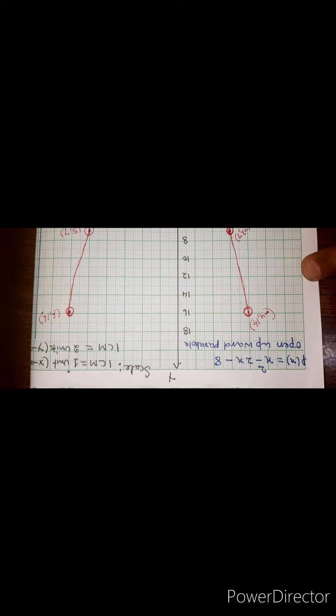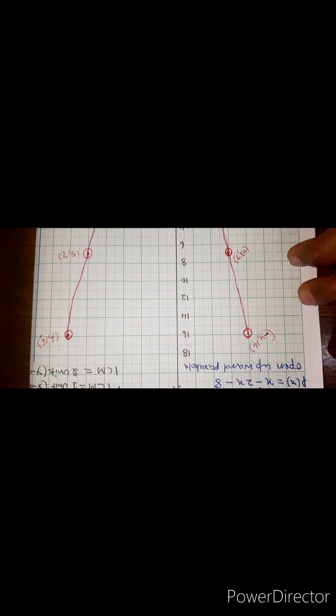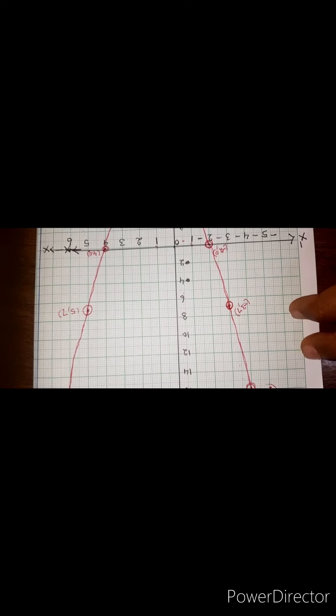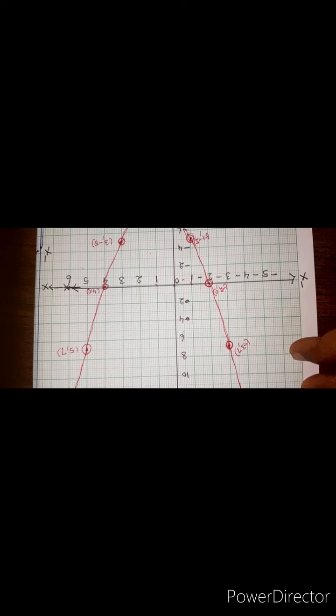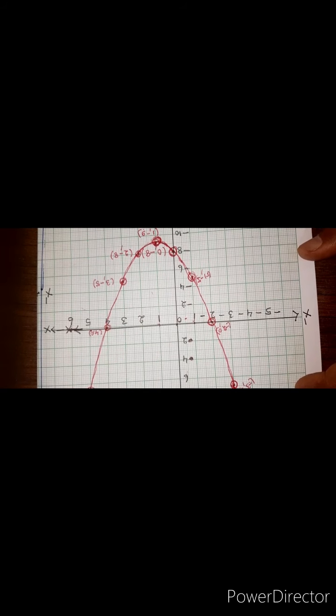For it, you have to take a graph copy for more convenience. Look here. Now I am going to plot all these points on graph paper one by one. The first point, according to the table, is 0, -8.